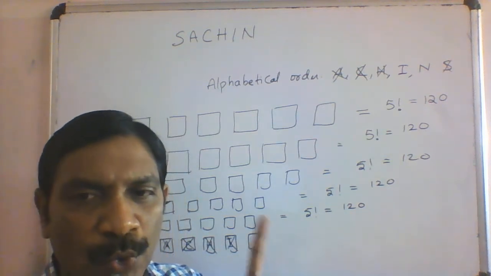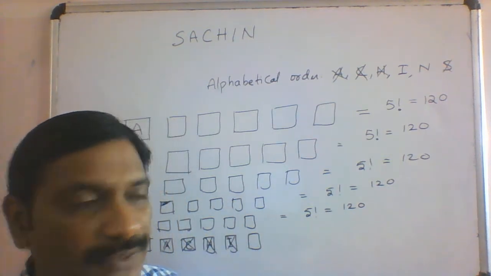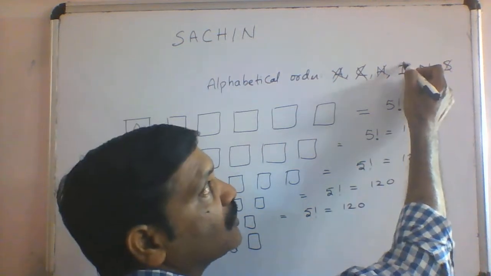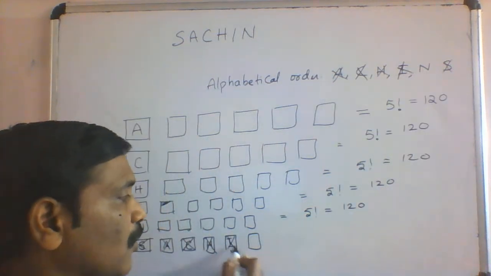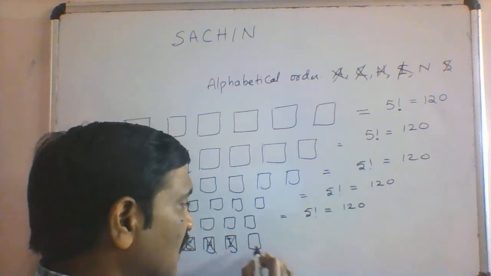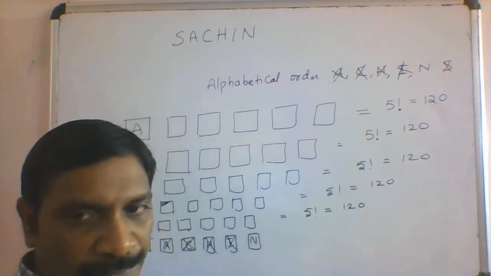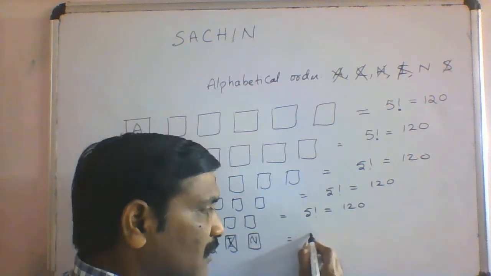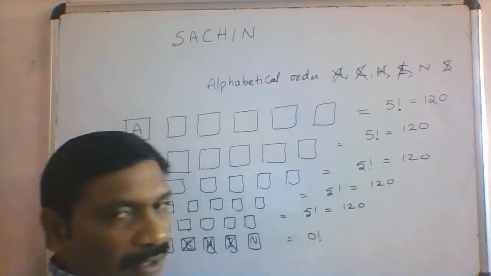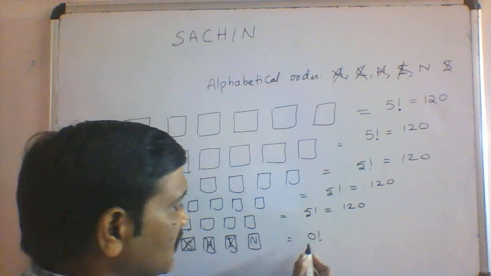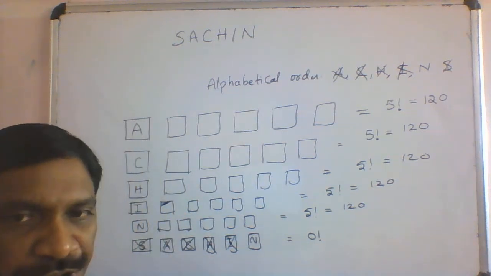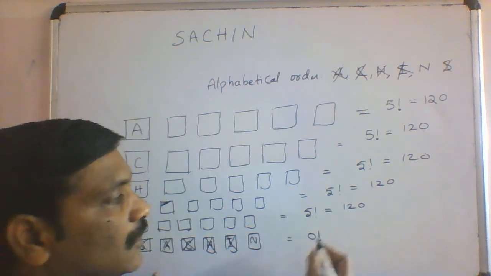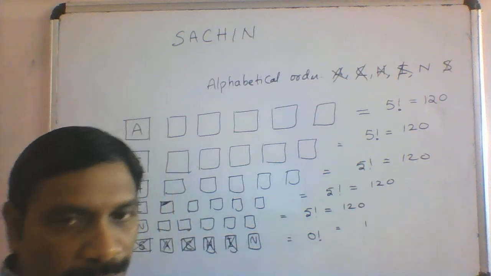And only one box is left, one letter is left. After blocking I, we have to cut that one. So that can be done in only one way. So no box is empty here. For that you keep 0 factorial. Always this is the required position to say rank. So this is equal to 1.